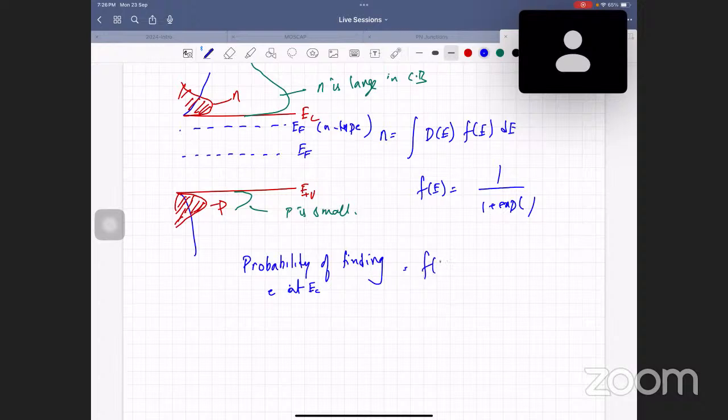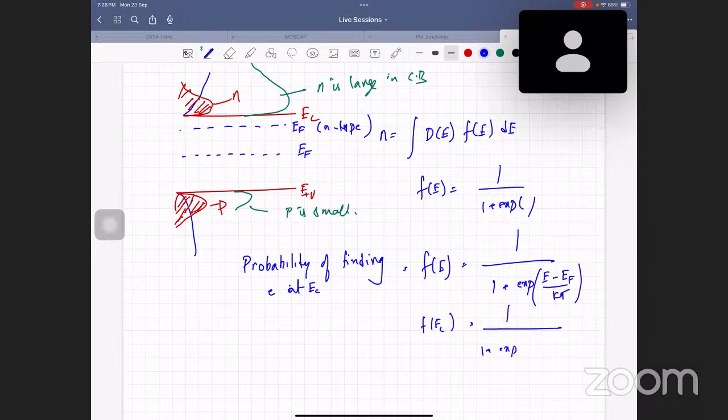This will simply be f of E, which we know is some expression like this: 1 by 1 plus exponential of E minus EF by KT, correct? At EC, f of EC will be 1 by 1 plus exponential EC minus EF by KT.